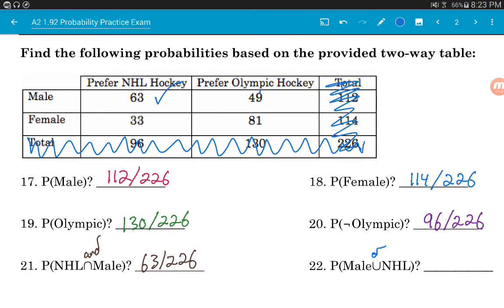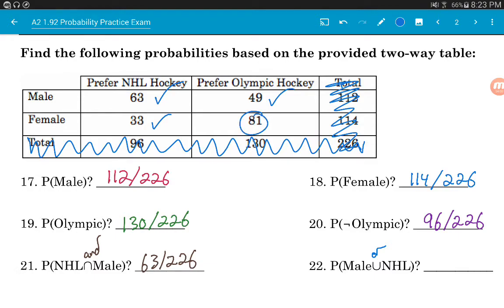Now, these people are male and prefer Olympic hockey. Well, they're male, but they don't prefer NHL, but they got one check mark, so they're still included. What about these? They're female, and they prefer NHL hockey. So they're not male, but they prefer NHL. So they got a check mark, they get to be included. Remember that an OR only requires you to meet one criteria.